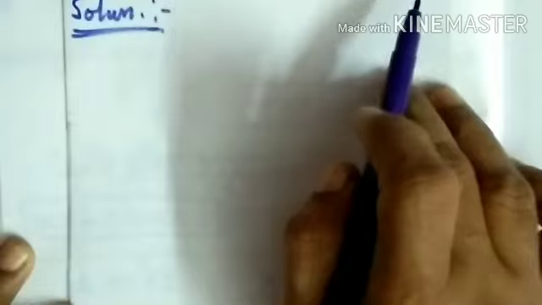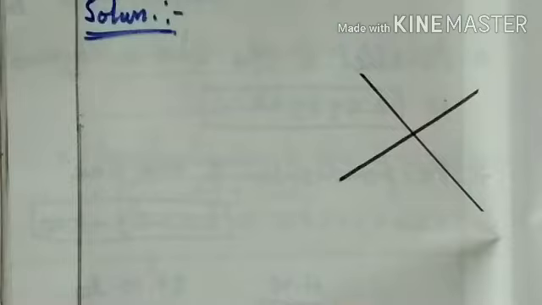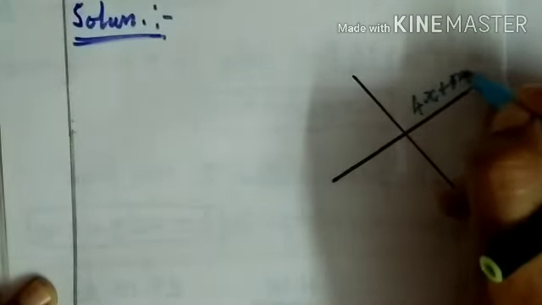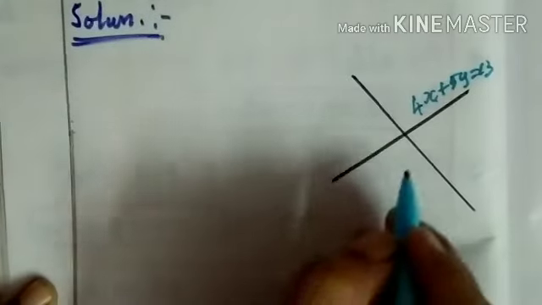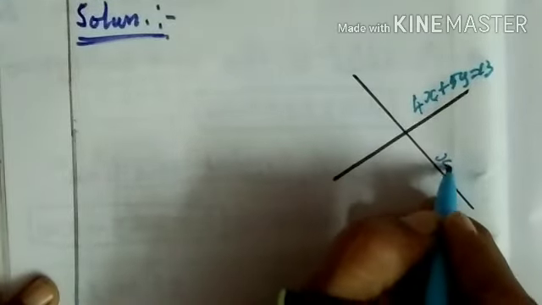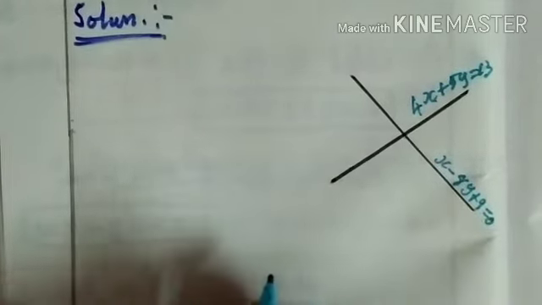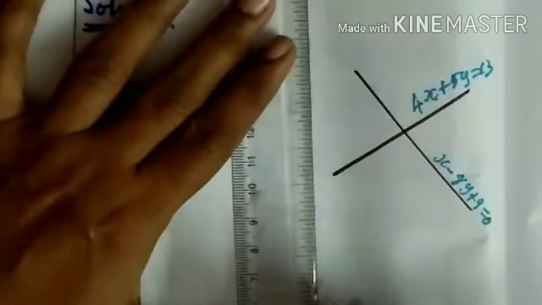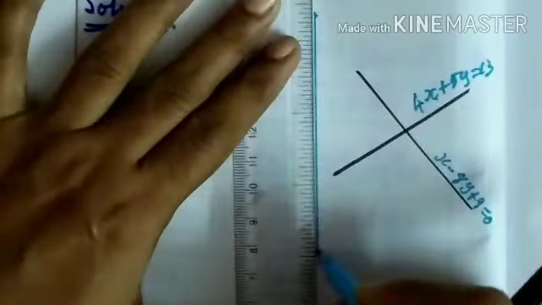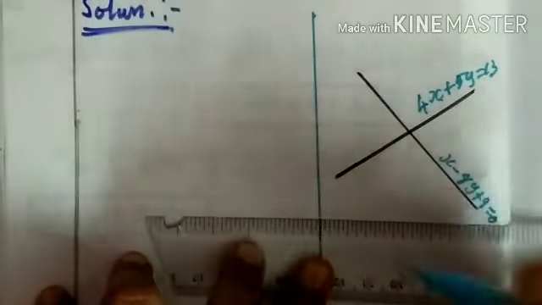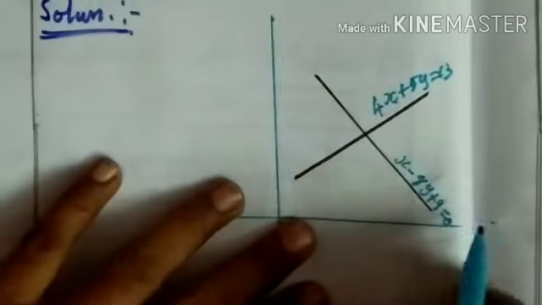First you have to draw by using the given information. In the question, intersection of two straight lines are given. And this line's given equation is 4x plus 5y is equal to 13 and this line's given equation is x minus 8y plus 9 is equal to 0. You have to draw the quadrant also, y-axis, x-axis.